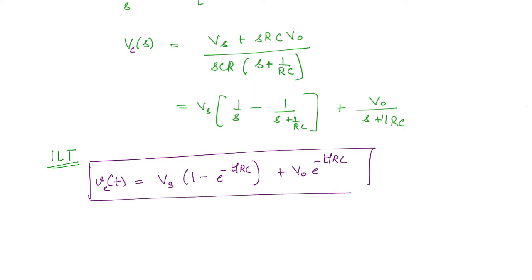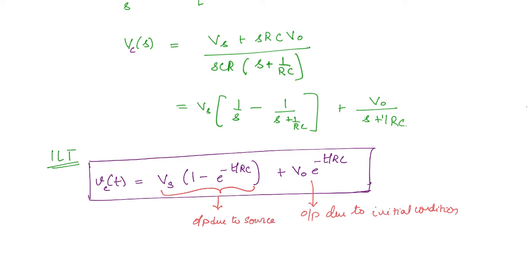Now, you can see some very important observations here. This is the same response that we saw in the source free RC circuit, okay. So, that means this is the output due to initial condition. And what about the rest of the part? This part is the output due to input or due to the source, okay.